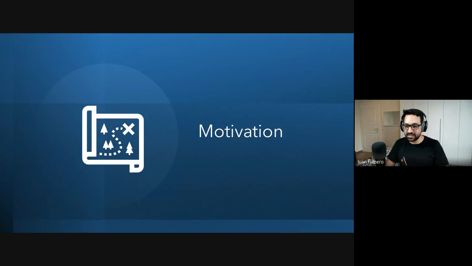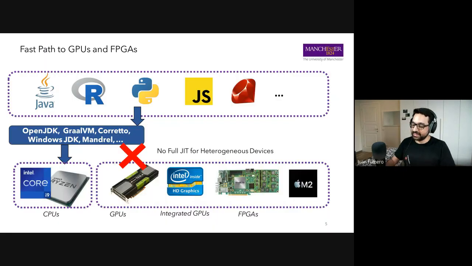So let's motivate what the landscape is for the Java ecosystem. I talk about Java, but it could be any other managed runtime environment, for example .NET, Python, JavaScript, etc. If you want to run on heterogeneous hardware right now, either you can use an external library, where the vendor, let's say NVIDIA or Intel or AMD or whatever other vendor, gives you a set of pre-built functions, let's say for deep learning, and you can use them.